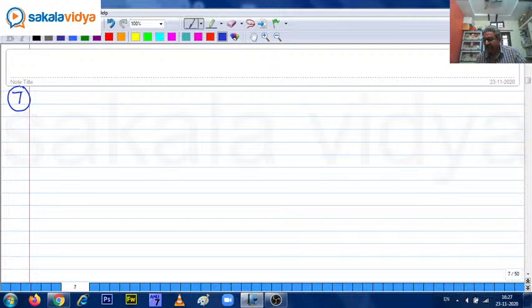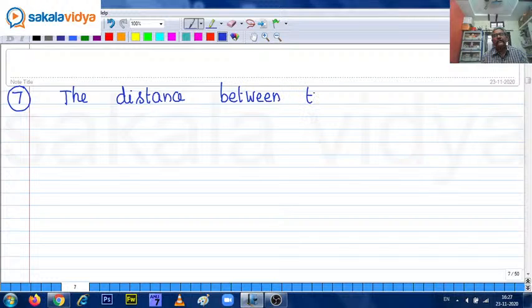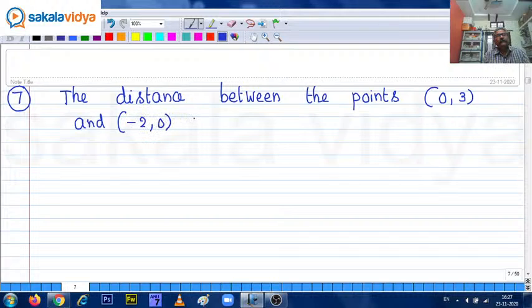So now the seventh question. The distance between the points 0, 3 and -2, 0 is in units.